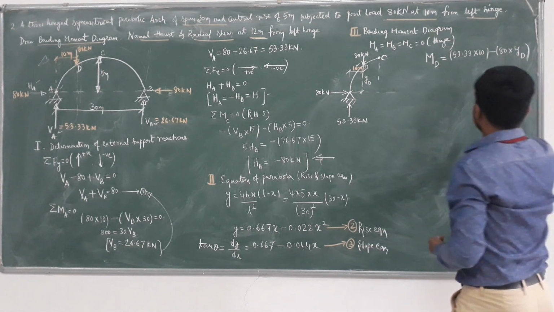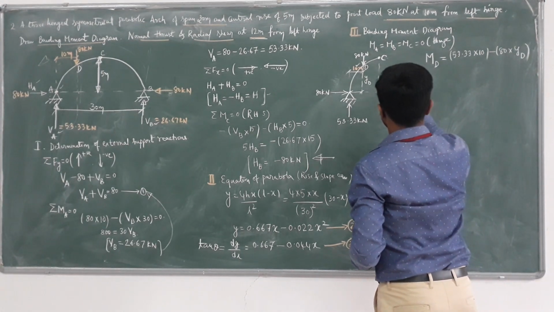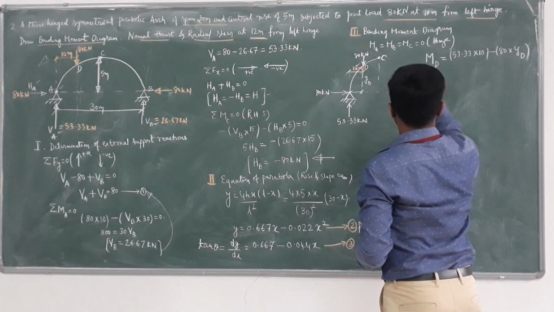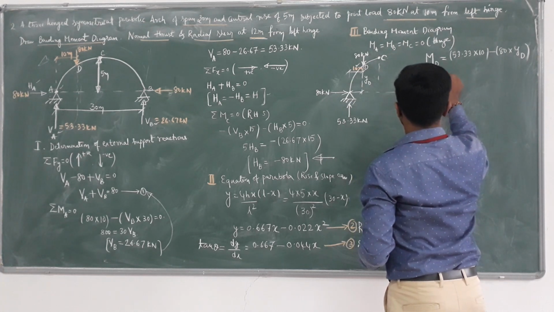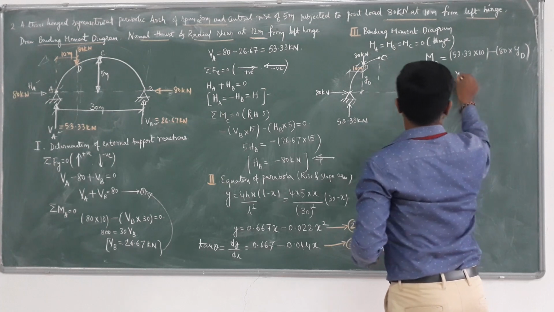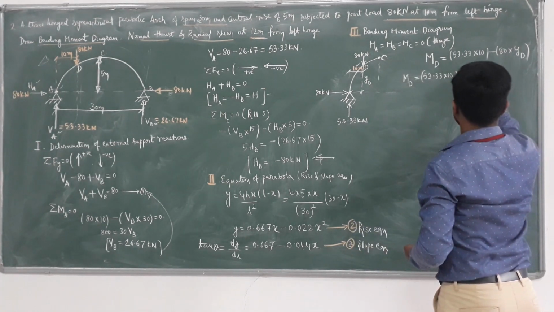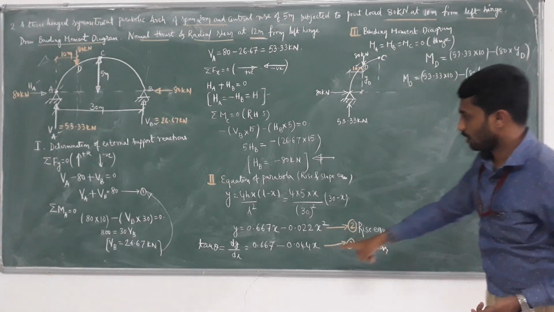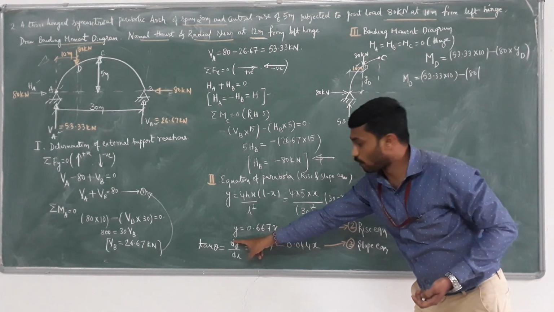So MD equals 53.33 into 10 minus 80 multiplied by YD. I want YD.